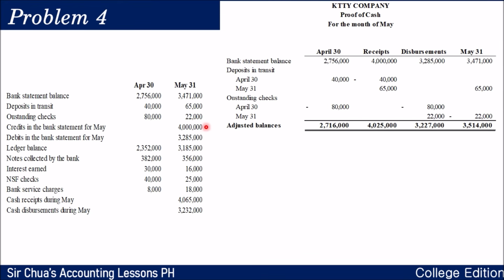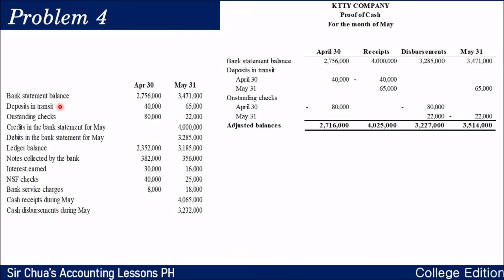Remember, bank statement credit, ibig sabihin padagdag. Okay? And then debits in the bank statement for May is 3,285,000 pabawas. If you now try to compute this, 2,756,000 plus 4 million minus 3,285,000, that's 3,471,000. Okay? Let's proceed now.